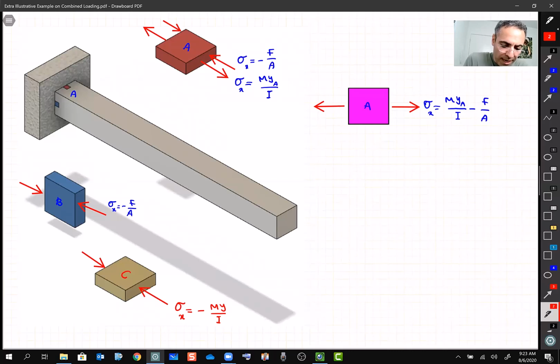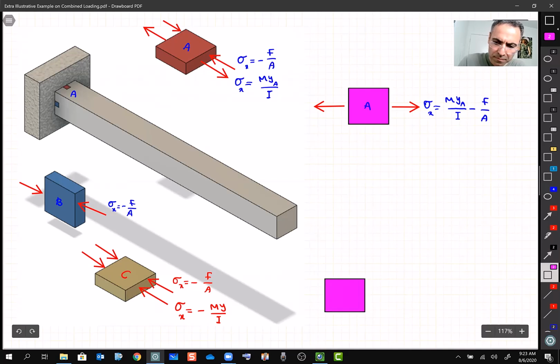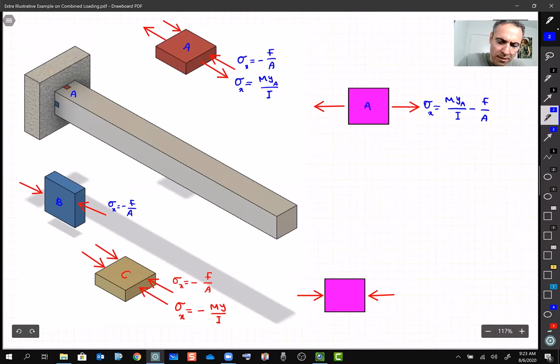And also we are going to have a compression because of that axial load, another sigma x of minus F over A. So if I draw the stress element for this point, the stress is in the x direction, and it is My divided by I minus F over A. So this is Y_C, right?